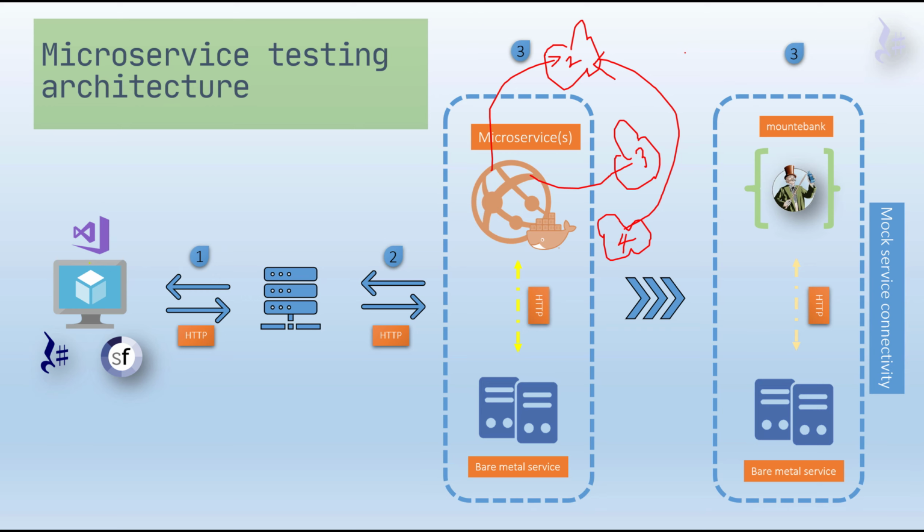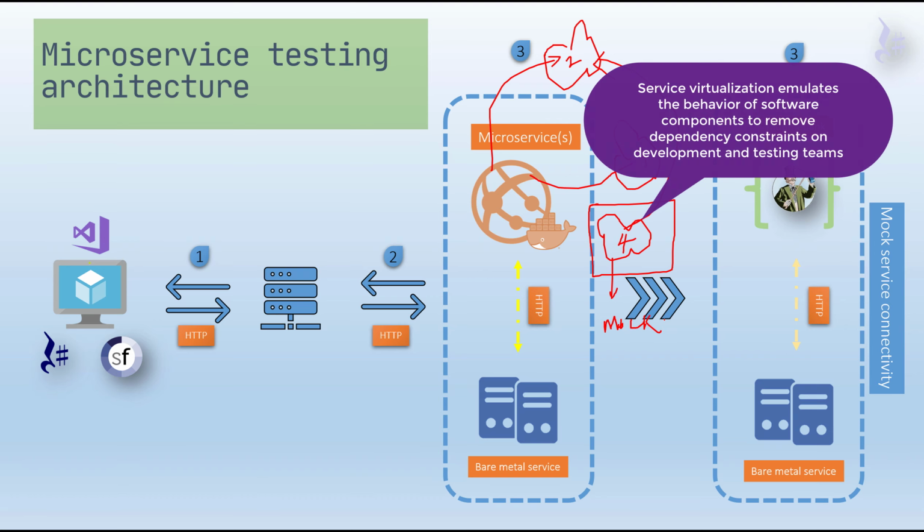So instead of doing all this complete testing, it is better that you replace one of the services with a service virtualization, or nothing but mocking that particular service. So that's exactly what is called service virtualization, guys. It's more like mocking, but it is not exactly what mocking does.